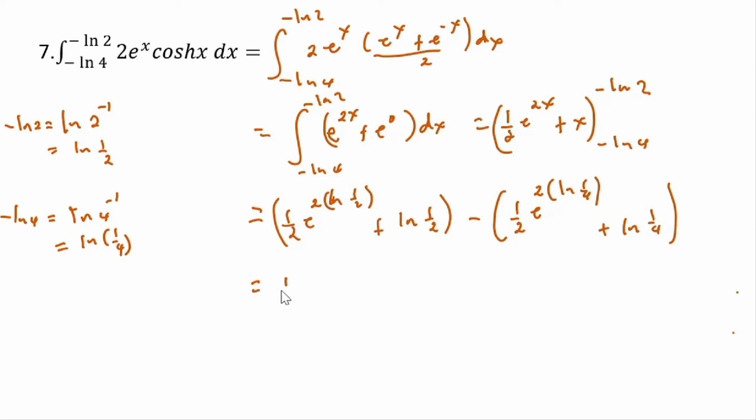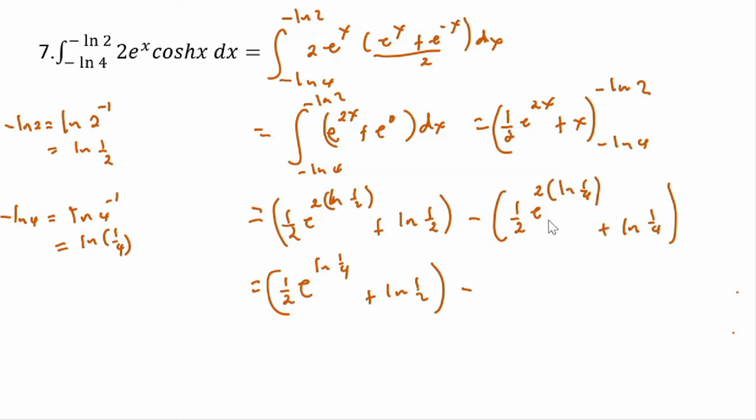So we can write now 1/2 of e raised to, applying again the power rule of the natural logarithm, ln of 1/2 raised to 1/2, plus ln of 1/4, plus ln of 1/2, minus, on the second term, 1/2 of e raised to 2 times ln of 1/4.